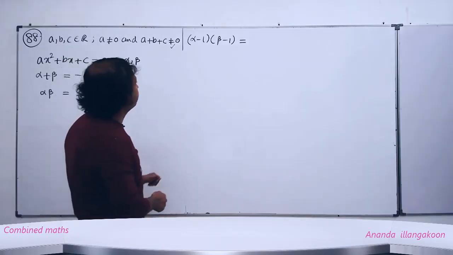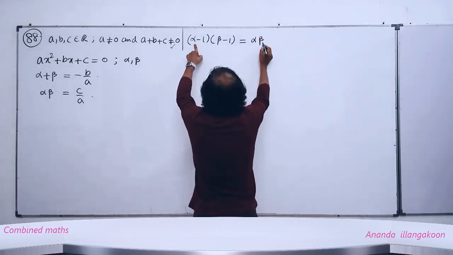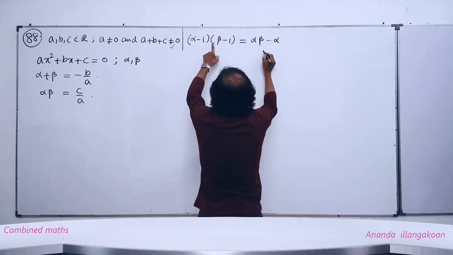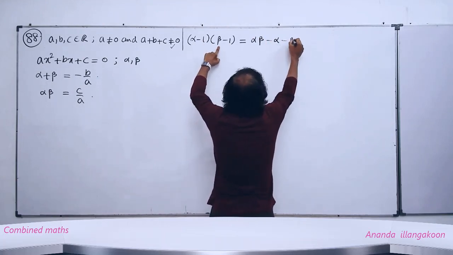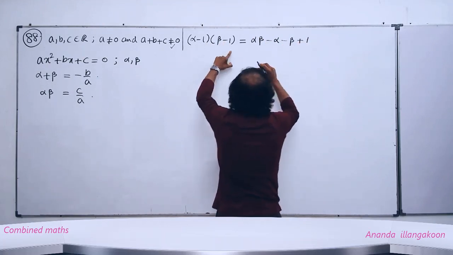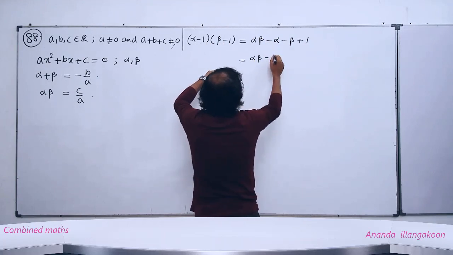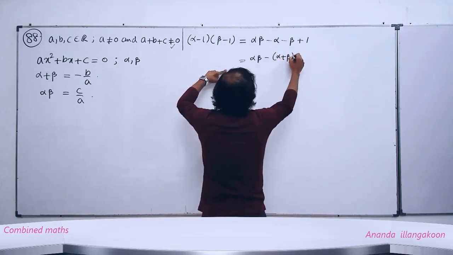First multiply: alpha times beta is alpha beta, alpha times minus 1 is minus alpha, minus 1 times beta is minus beta, minus 1 times minus 1 is plus 1. Take the minus sign out: alpha beta minus (alpha plus beta) plus 1.